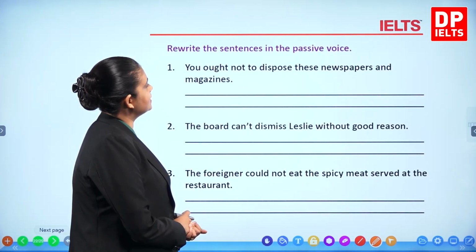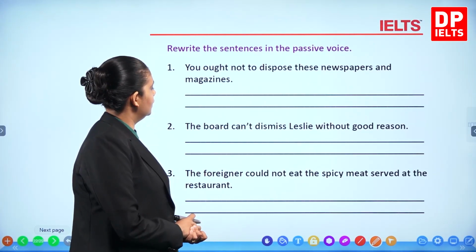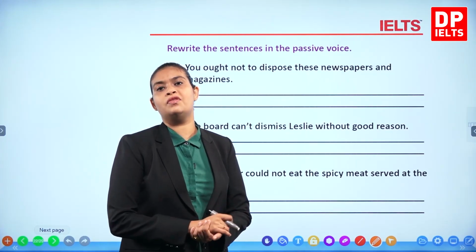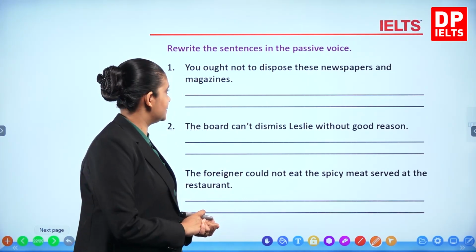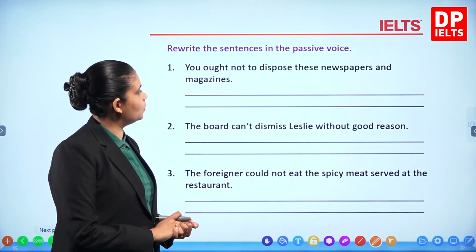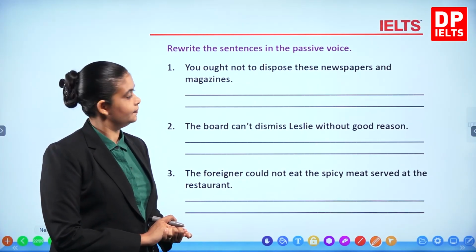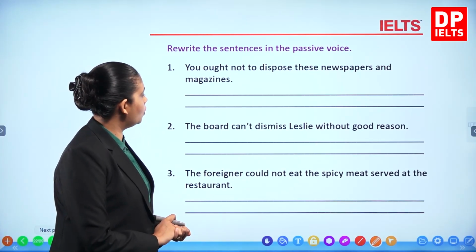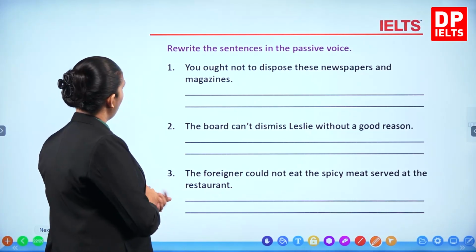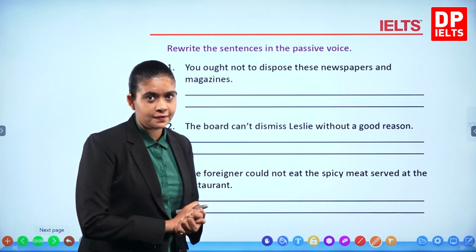Rewrite the sentences in the passive voice. Now, I'm going to read out the sentences and I want you to rewrite them in passive voice.